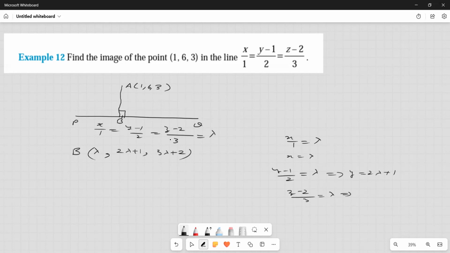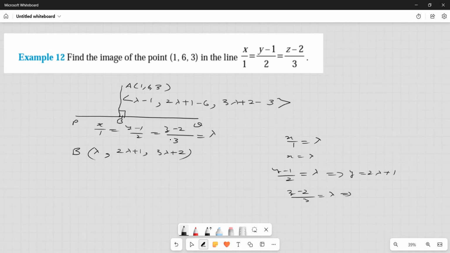Now I have this point B, which you can say is the foot of the perpendicular from A to PQ. This question can be taken as: find the foot of perpendicular from A to the line and then find the image of this point A in PQ or BC, whatever you are taking. If I have point B and point A, can I find the DRs of AB? That will be x2 minus x1, y2 minus y1, and z2 minus z1.